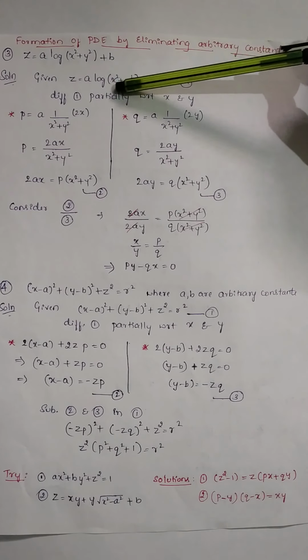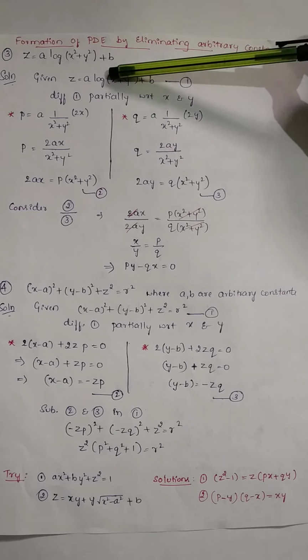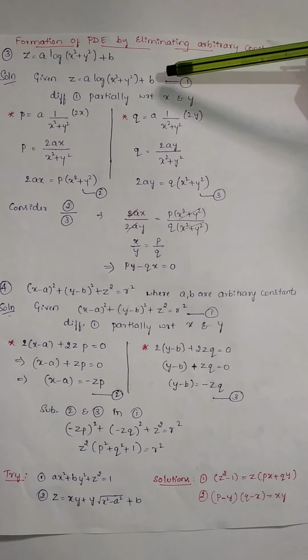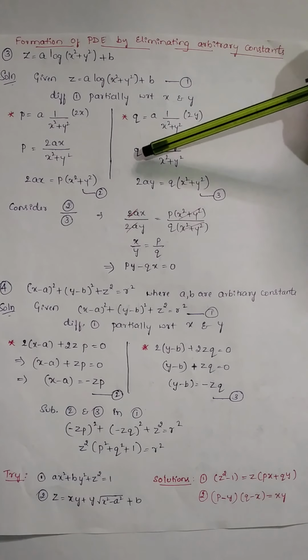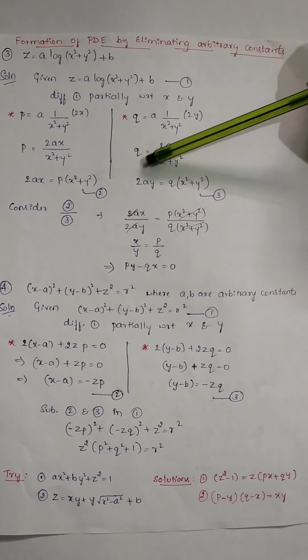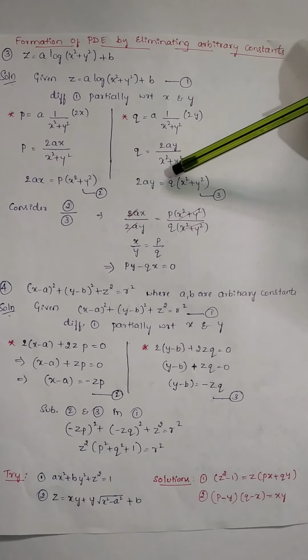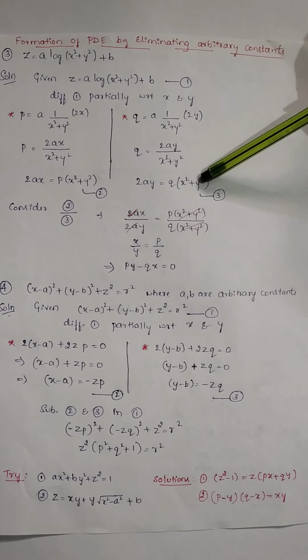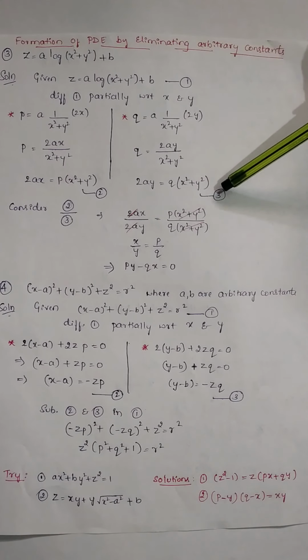The x is constant with respect to y, so differentiation is 0, and differentiation of b is also 0. Now you got q is equal to 2ay divided by x square plus y square. On cross multiplication you will get 2ay is equal to q of x square plus y square, and here also b is removed. You call this equation number 3.